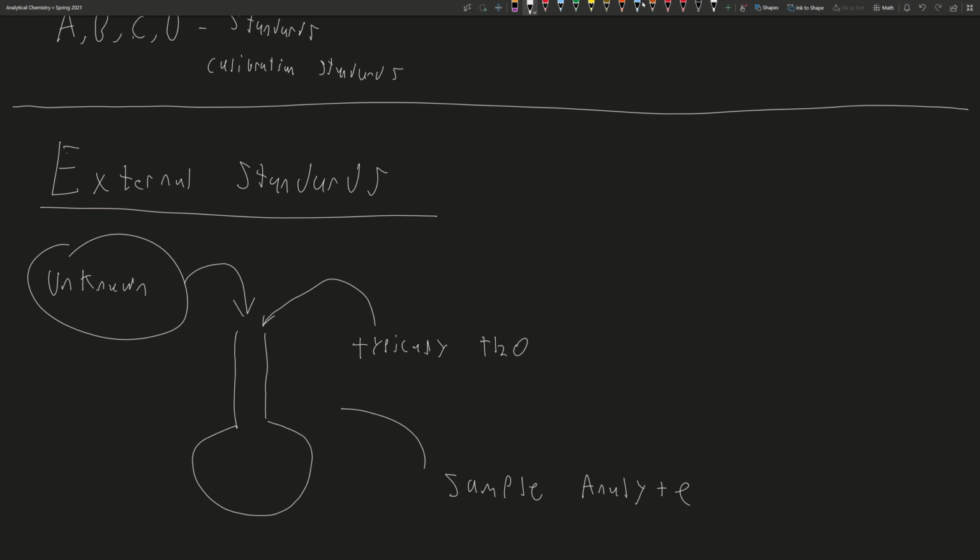All that's important is that we know the mass and know the volume, because if we know those 2 things, we could simply work our way back to the initial amount that we added in, so we could find the concentration of this.